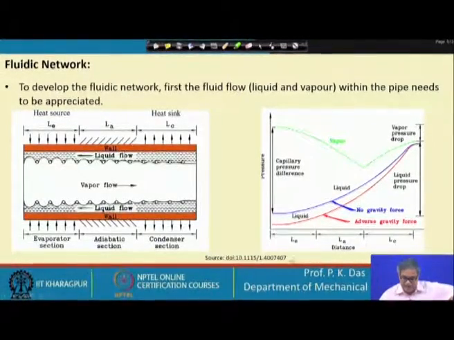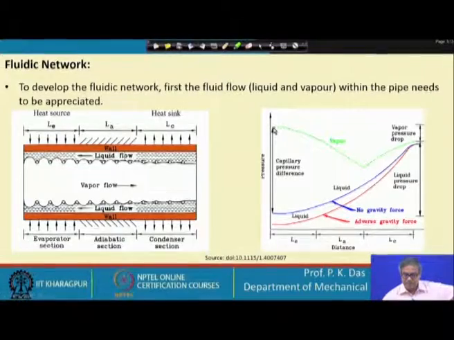So, in the next diagram we have shown distance along the heat pipe, evaporator length, then the adiabatic length and then the condenser length. So, this length is the independent dimension, and on the other side we have seen how the pressure varies along the length. And how the pressure varies along the length, that we want to see both for the liquid and for the vapor.